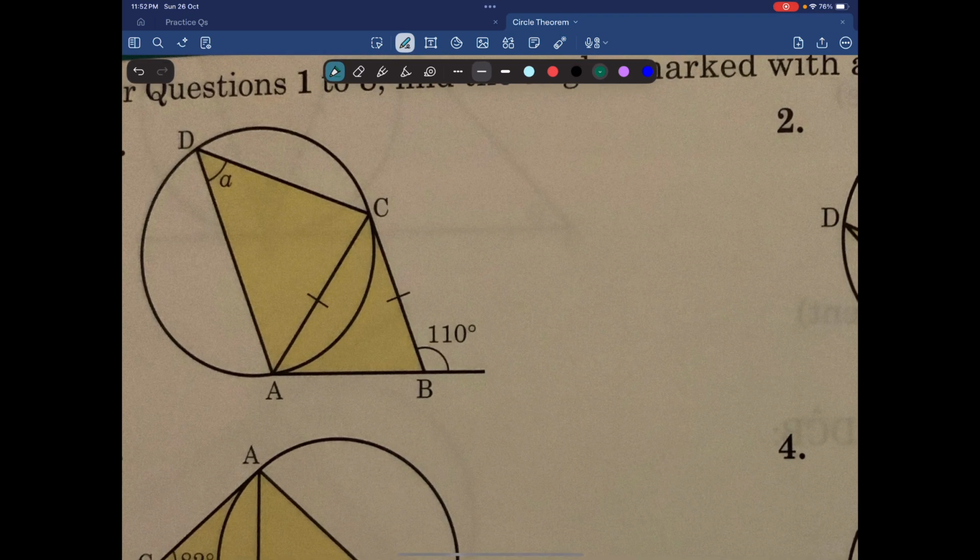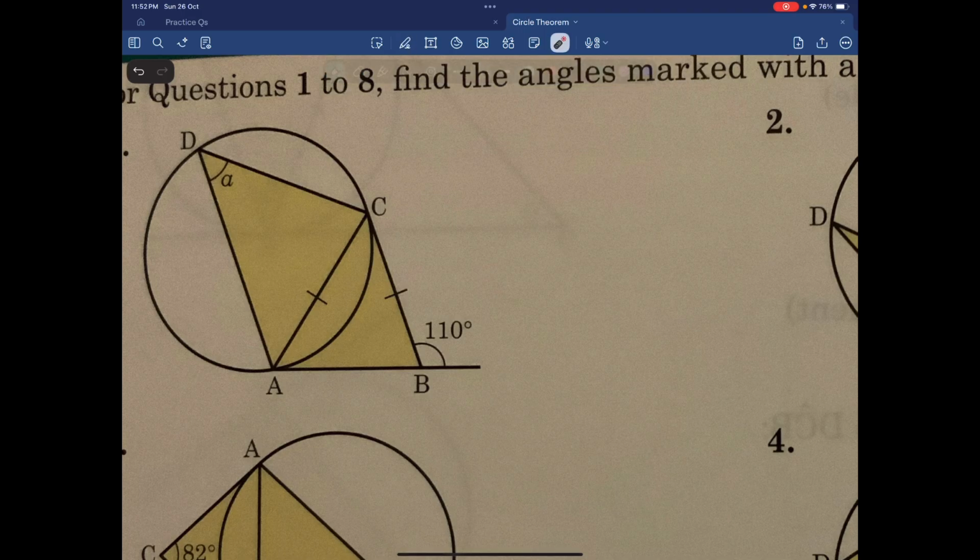Okay, let's look at question number 1. So this is a tangent, and we have a chord AC. Chord AC is equal to chord CB.